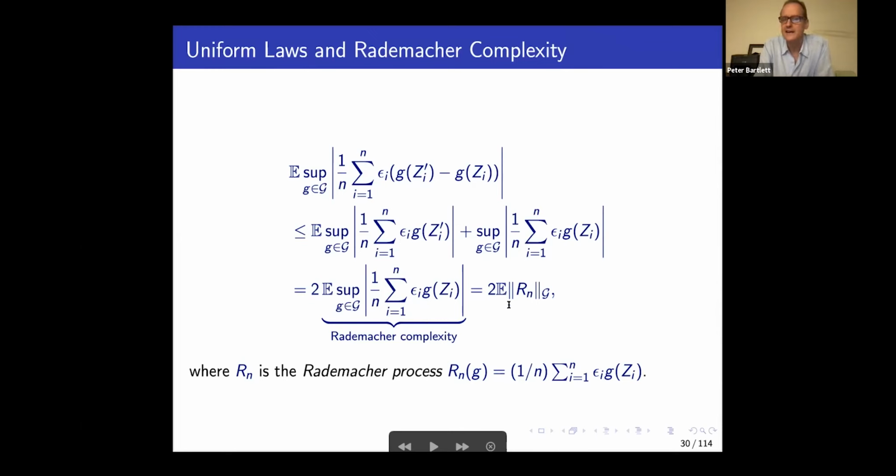Okay, so this was our definition. We've turned things from deviations between expectations and sample averages into alignment of functions with these random plus or minus one directions. These steps gave us an upper bound here.